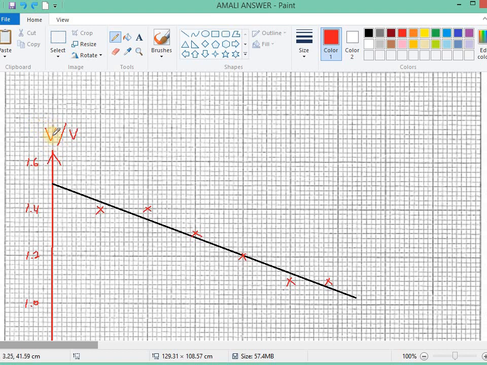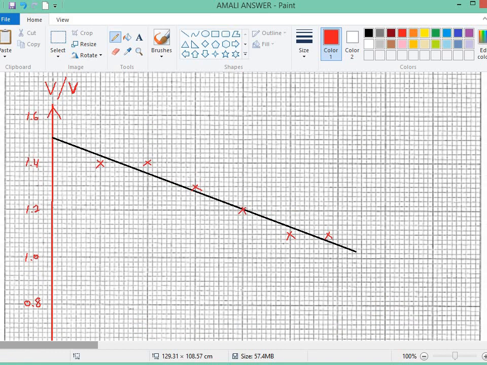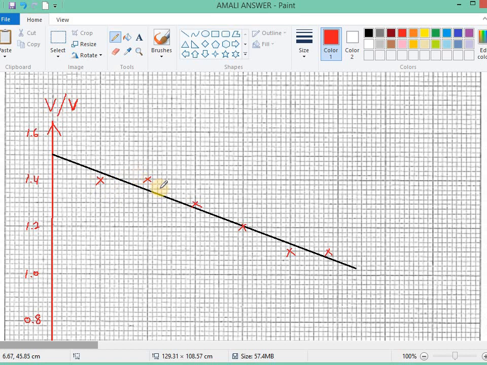Symbol for voltage V, slash, the unit for voltage is volt, so it's also V. And then current, use the symbol I, slash, the unit for current, ampere. You must have the symbol for the physical quantity and also the unit. After that you plot.